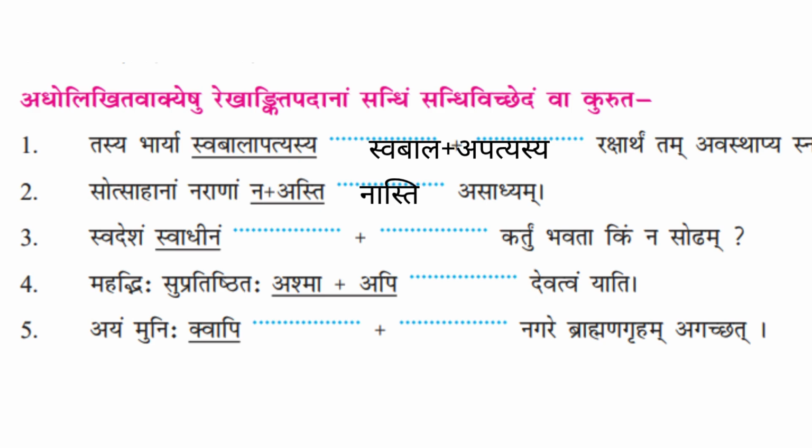A plus a matra will come. Nasti. Swadhinam, how do we split? Swa plus adhinam. Ashma plus api. When we add it, ashmapi. That is, this a swara will go and only a matra will remain.